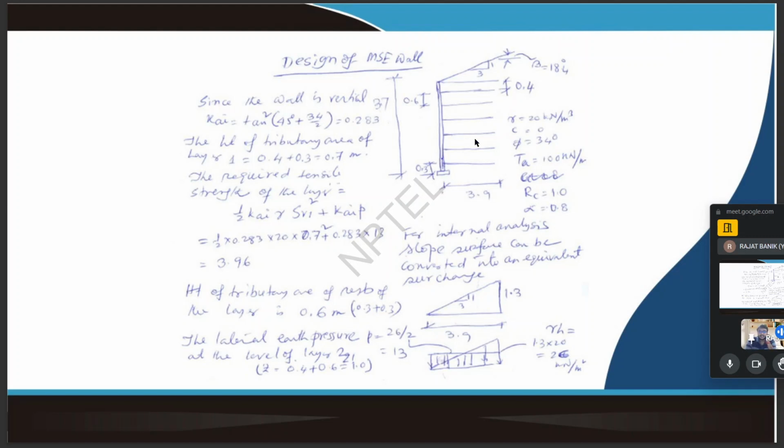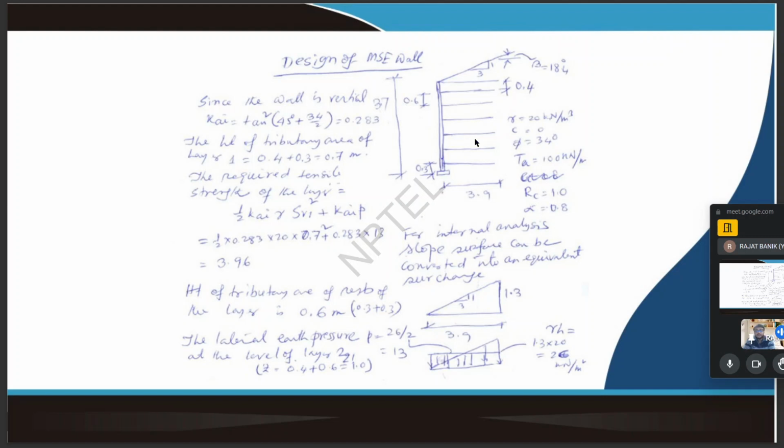Now we find the tensile strength of this layer by this formula: half into Ka, the active earth pressure coefficient, into gamma into Sv square, plus Ka into P, where P is the surcharge. After putting all these values in this formula, we get the tensile strength at this layer as 3.96 kilonewton per meter.